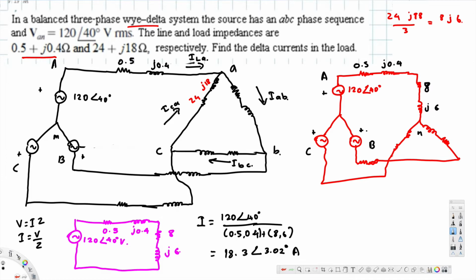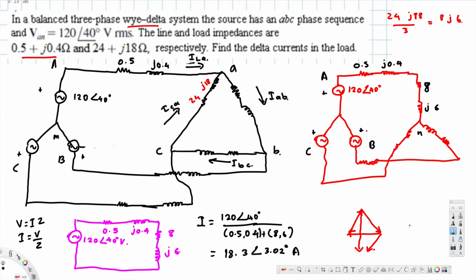Now let's go ahead and put it in a triangle. The current goes this side and this side.